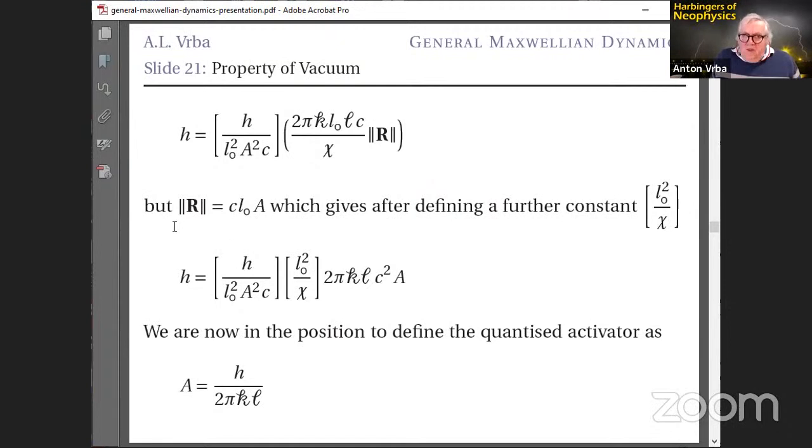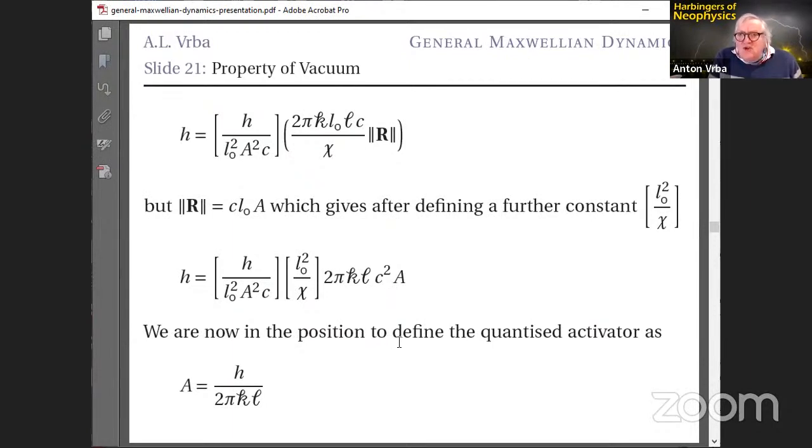But the norm of R is simply the speed of light, L0 A, which I then can bring in here, and I develop two constants here, H over L0 squared, A squared over C, L0 squared over chi, 2 pi K load C squared A.